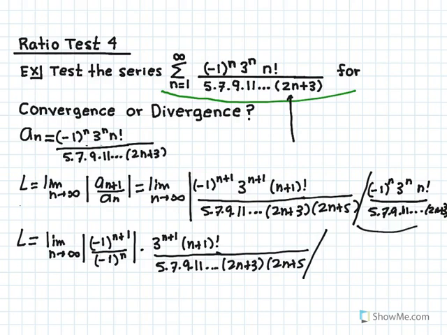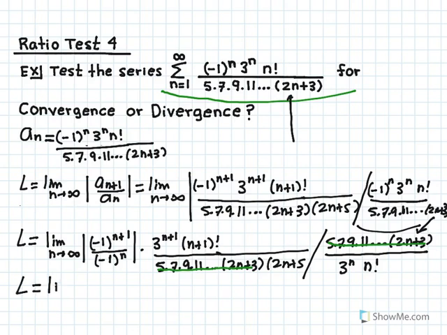And let's flip this fraction, so we get 5 times 7 times 9 times 11 all the way up to 2n plus 3, which is this last term here, divided by 3 to the power of n times n factorial. Now we can simplify a little bit, so all of this in the numerator of this fraction cancels with all of this in the denominator of this fraction.